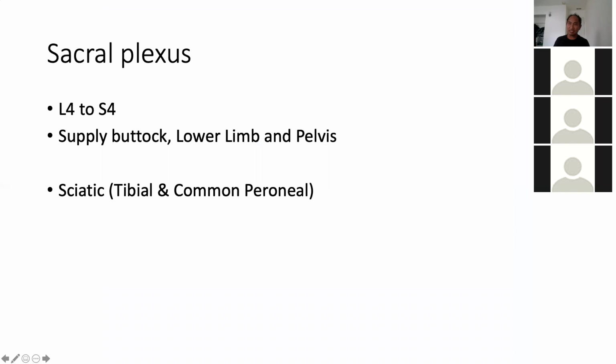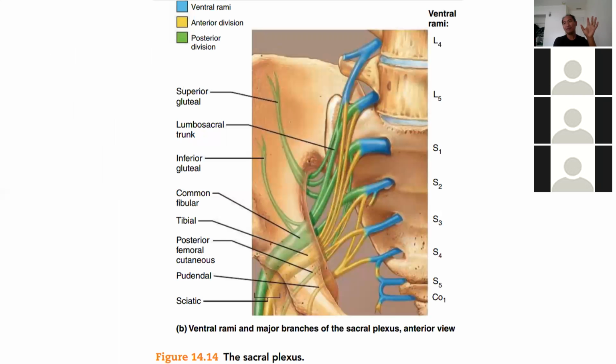The sacral plexus is lumbar 4 to S4, anterior rami. They supply the buttock, lower limb, and pelvis. And the main branch from the sacral plexus is the sciatic nerve. Look at the nerve here from lumbar 4 to sacral 4, or here, look at that. This is the posterior rami.